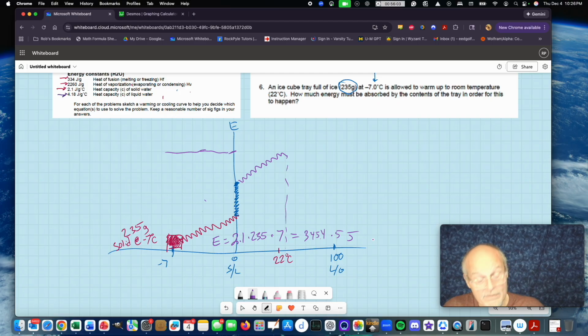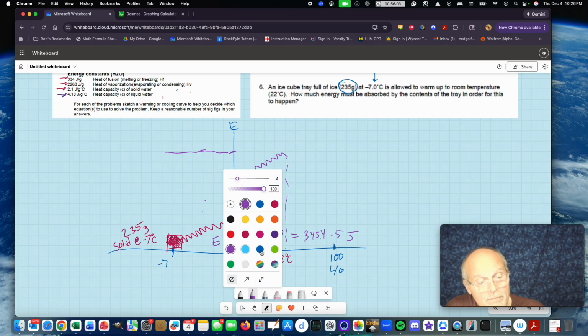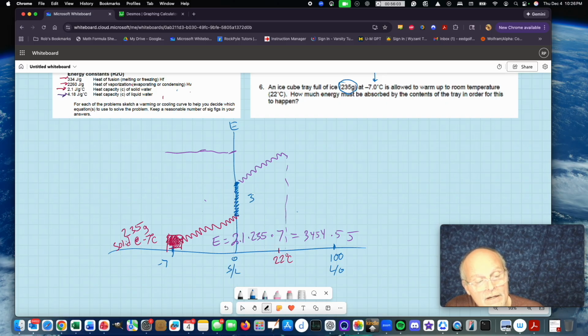Next, my fusion, which is typically the big deal here. So my heat of fusion is going to be 334 joules per gram times only the weight is all I care about because it's phase shift. 235 grams equals 78,490.